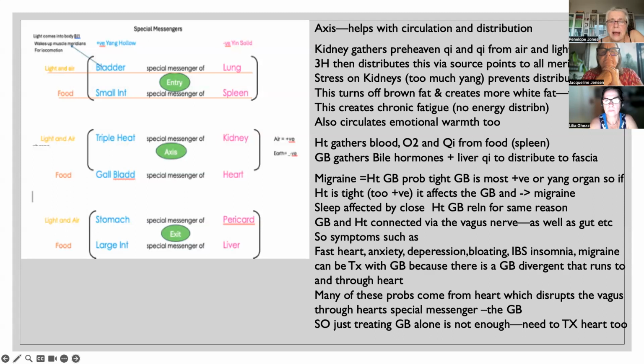Now, the practical application of that is if there's too much stress on the kidneys, that creates too much yang in the kidneys, and that then stops the distribution by the triple heater. And what that does is it turns off the brown fat, which is what causes burning, creates more white fat, and we get weight gain.